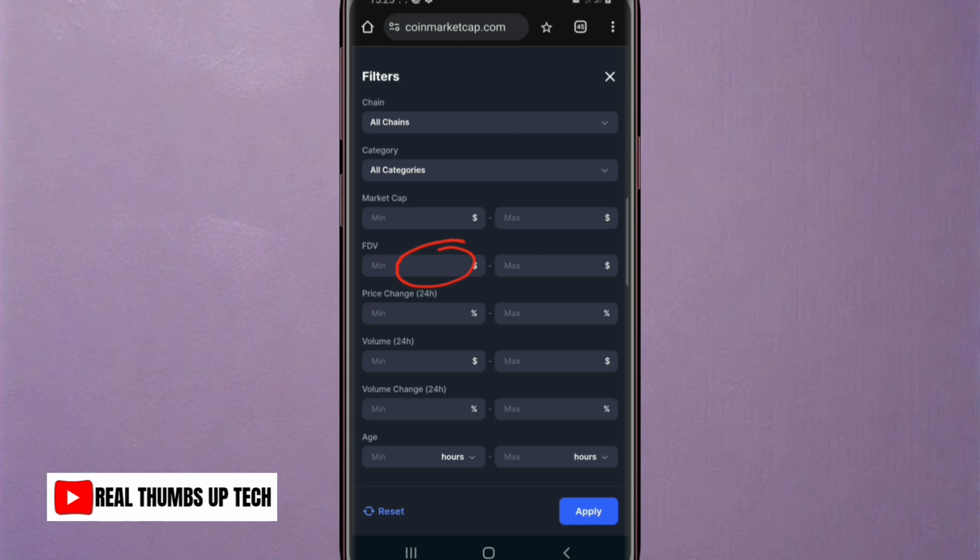From that 100,000, the amount in circulation is around 10,000. And the value of that coin currently is around $5.